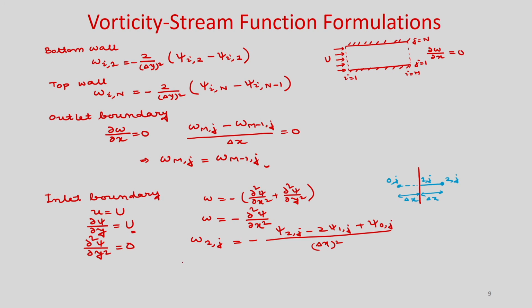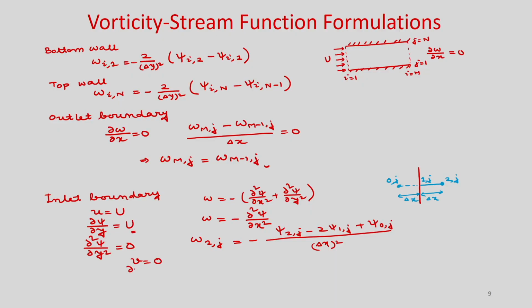So, you can find it from the tangential velocity. That means v is equal to 0. So, that means del psi by del x will be 0. If del psi by del x is 0, then you can write psi 2 j minus psi 0 j divided by 2 delta x is 0, since the distance between these 2 points is 2 delta x.